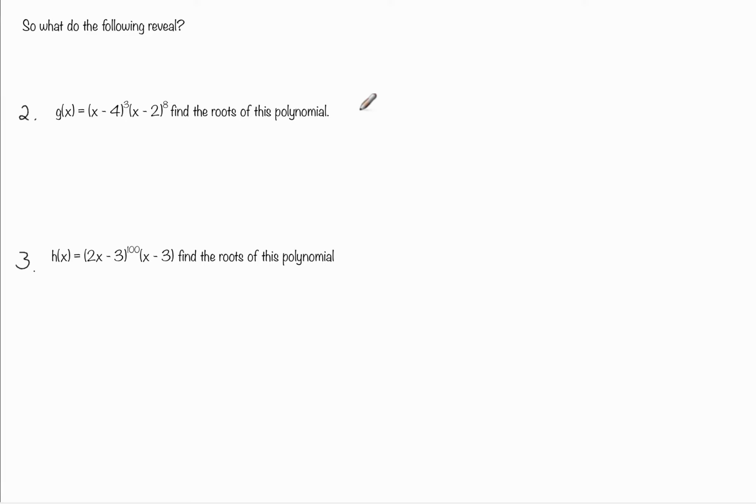When you look at that, before we even look at the roots of this polynomial, we want you to know that the degree is 11, because 3 plus 8 is 11. So that means one tail is down, we have 11 possible times it crosses the x-axis, and then the other tail is up. And that's because the leading coefficient is positive.